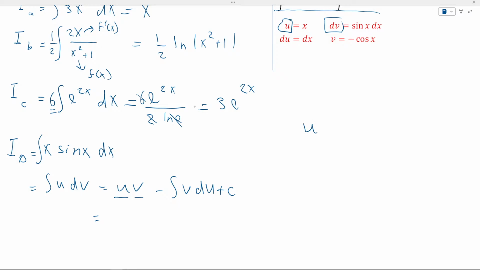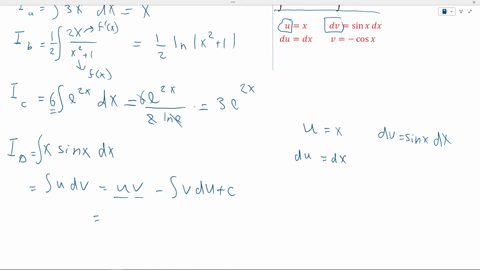You say here that is your u, and that is your dv, sine x dx. Then you differentiate: you take the derivative of this side with respect to x, and here you integrate this.